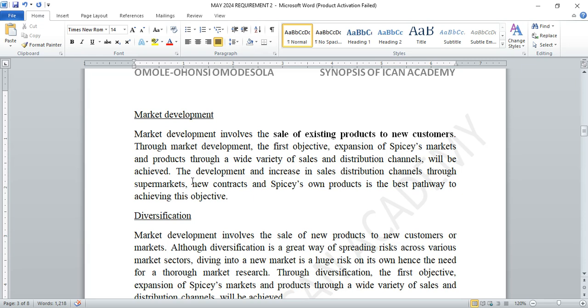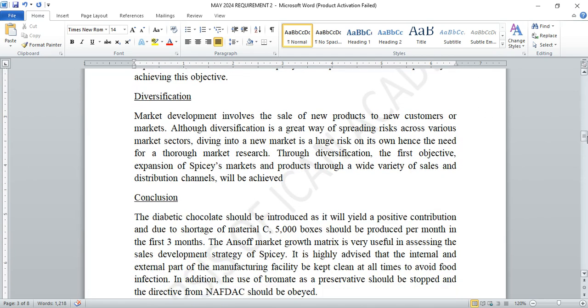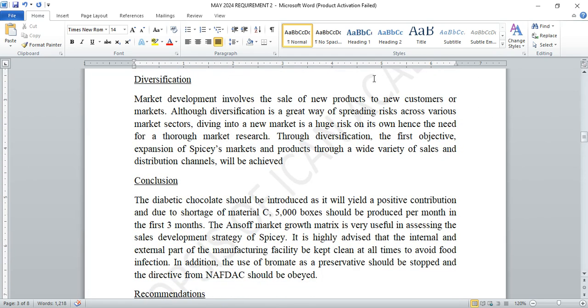We can also do this through all our supermarkets, all those contracts, all those products we're selling. If you're supplying those supermarkets and entering new contracts, you'll be able to do that market development and achieve it very well. So now, diversification. Diversification involves, so this is diversification, sorry.